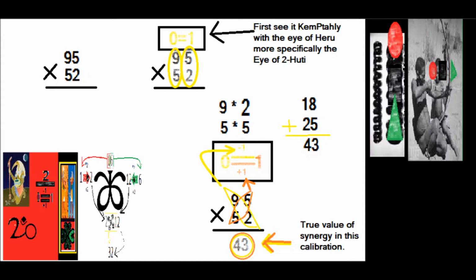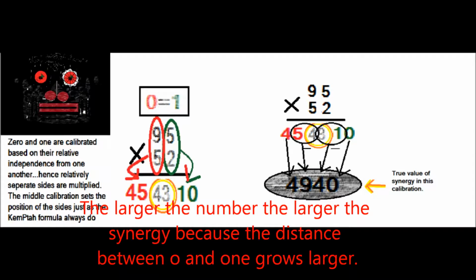In multiplying double digits, we look at the problem KemPTah, meta KemPTah. First, we find the synergy, the center, the heart of the product, by cross multiplying and adding the products together, which gives us 43. After that, we multiply the sides, which meta KemPTah represents as 0 and 1 in their relative independence.